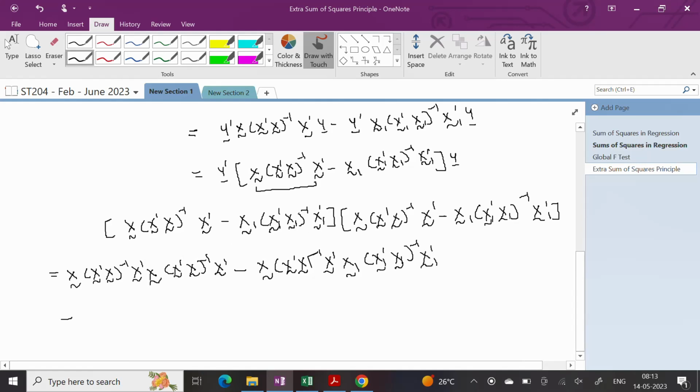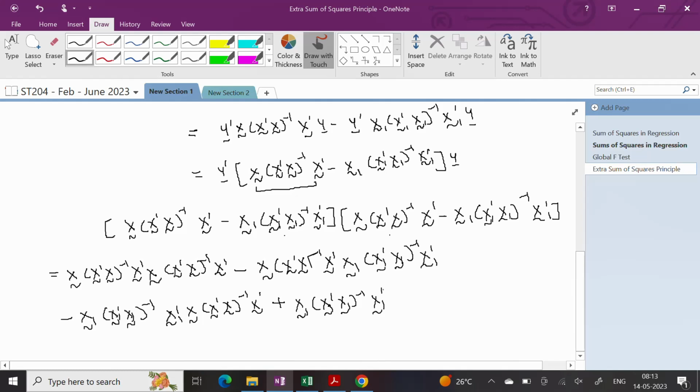Then the next term is from this term as well as this term, so I will get X1 prime X1 whole inverse X1 prime into X prime X whole inverse X prime, and then plus X1 prime X1 whole inverse X1 prime into X1 prime X1 whole inverse X1 prime.